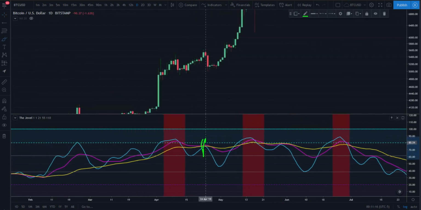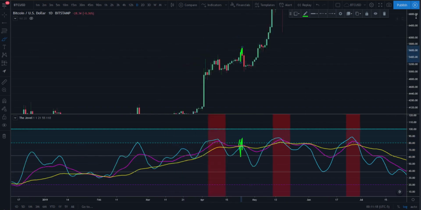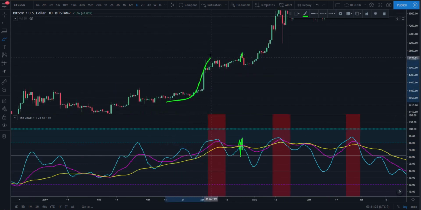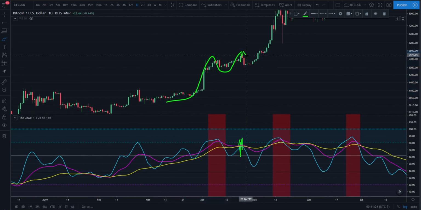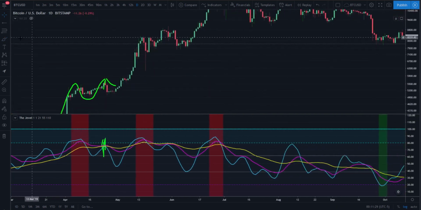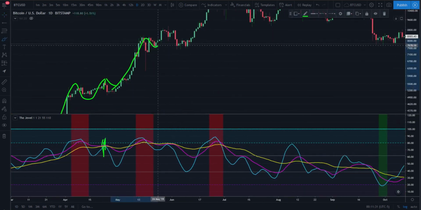Yes, you get the signals, but at the end of the day, the market is in an uptrend, it wants to go up, and you're trying to fight it. And it's the exact same thing over there, right? Big uptrend. Yes, you get the perfect signal and your downward move. But if you take the entry short there, you are just trying to fight the market.